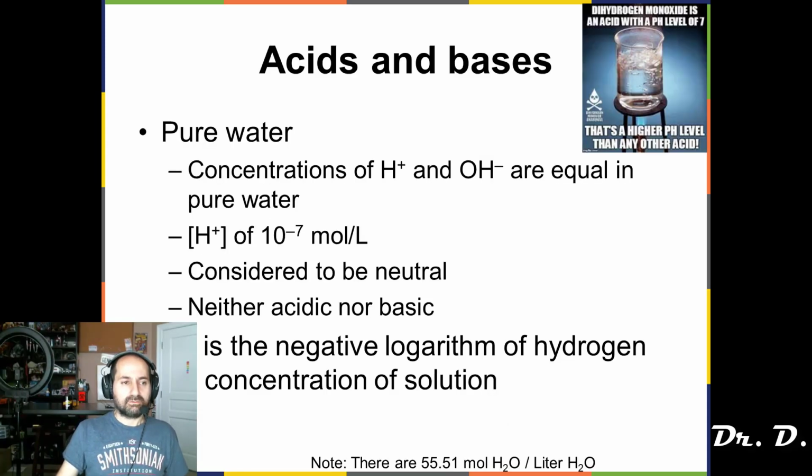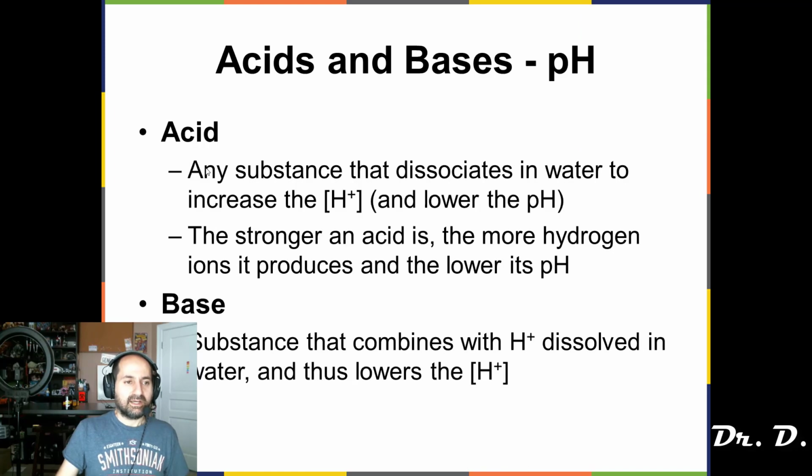Okay, what you should understand from here is simply that concentrations of protons and hydroxide ions are the same in pure water. This is pH 7. All of this is actually covered in my video. An acid is a substance that causes an increase in protons in a solution, and that causes the pH to go down.